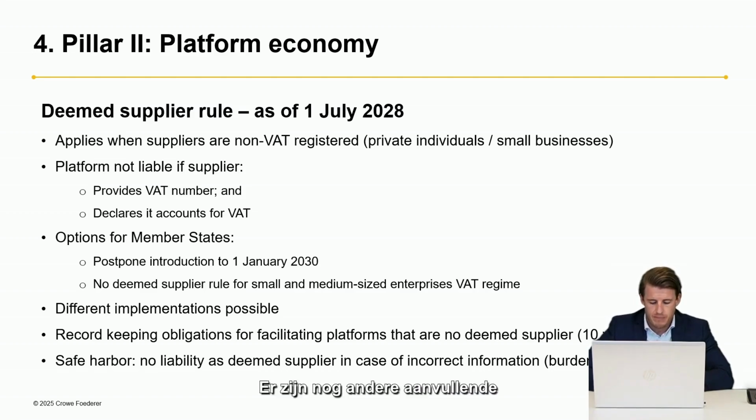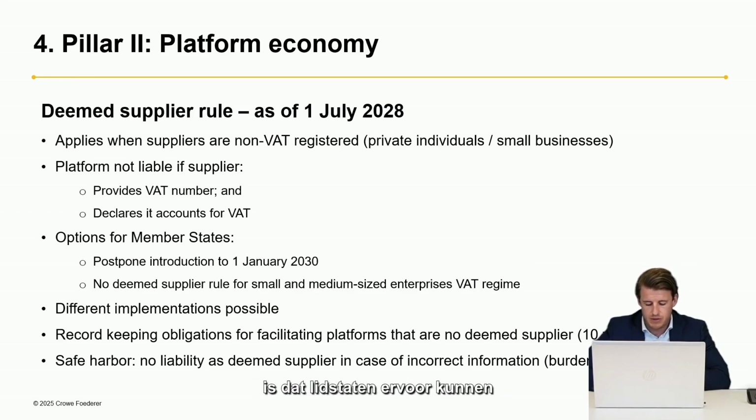There are further additional options for member states to implement as part of the changing deemed supply rule. Member states can first of all postpone the introduction to 1 January 2030 at the latest.